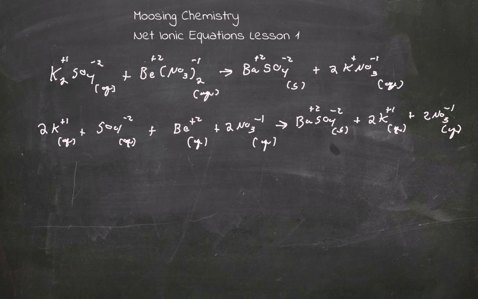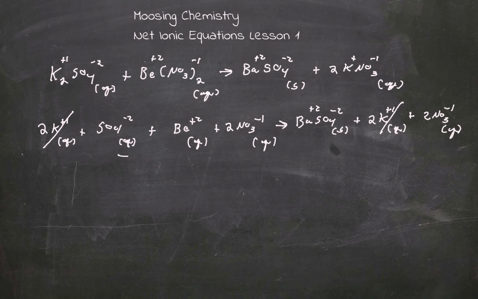Now the spectator ions are the ions that are the same on the left side of the equation as they are on the right side. They haven't changed their state. Potassium is aqueous here, so it's also aqueous here. They're spectators. Sulfate did change.